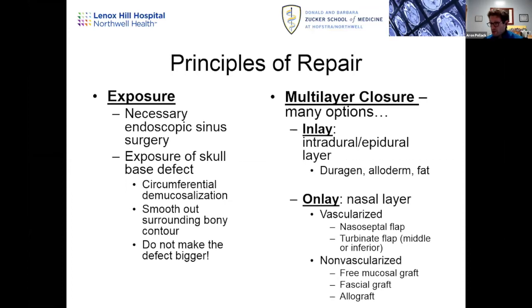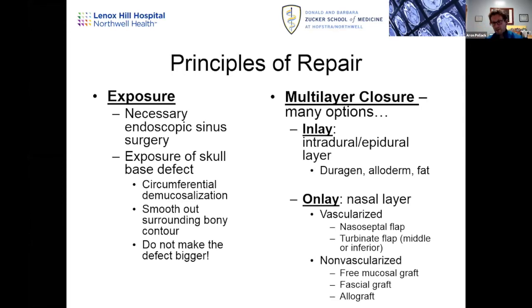I like to do 2 layers. We put a synthetic Duragen matrix above the base of the skull, whether it's an epidural or subdural layer. And then we also use what we call an onlay. This is typically a nasal tissue, nasal mucosa that is in the sinus cavity. So an inlay and an onlay.